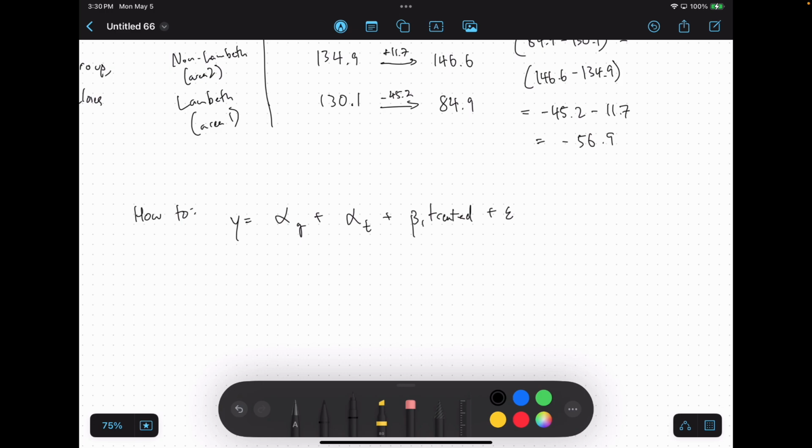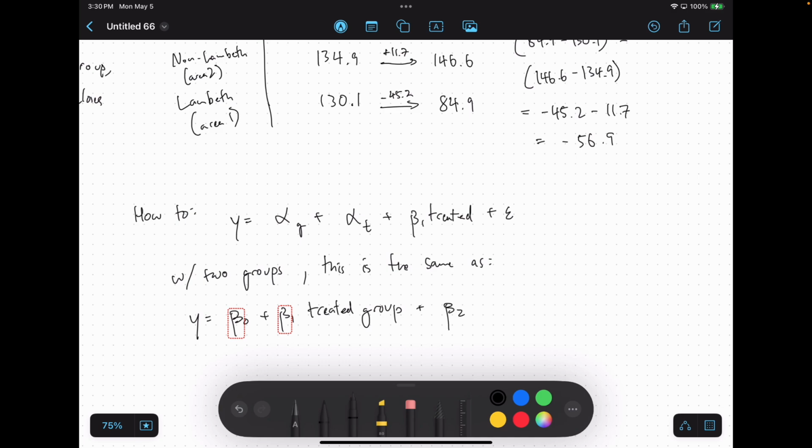And when you have specifically two groups, this is the same as y equals beta 0, plus beta 1 treated group, plus beta 2 after treatment, plus beta 3 treated group times after treatment.